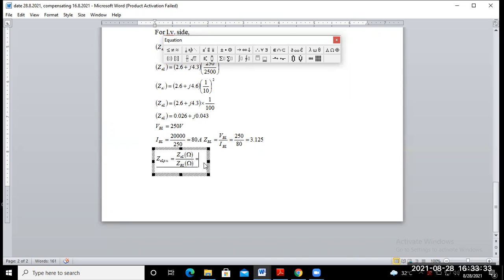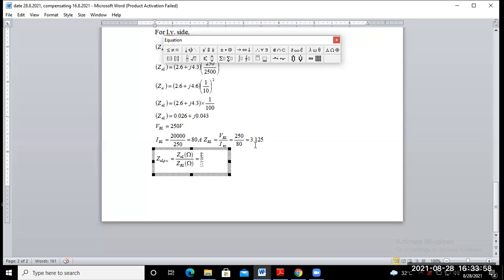So that is equal to how much? 0.026 plus J 0.043. That means just put here the value of the leakage impedance of the low voltage side, whatever you obtained here, and the base impedance of the low voltage side, that is equal to 3.125.